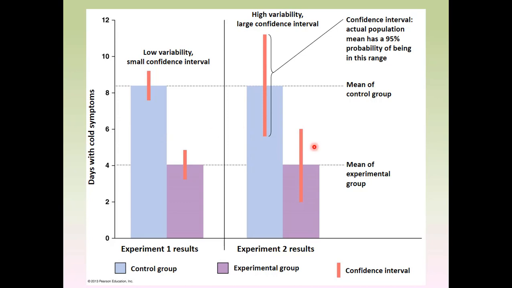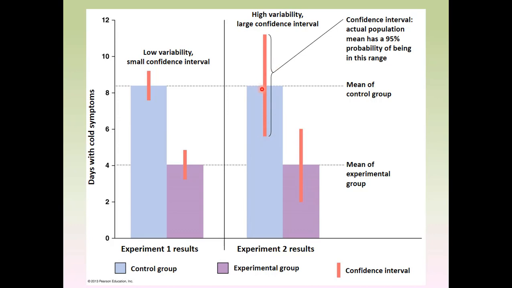However, let's say we had a small sample size, or maybe we just had a large variability in how long it took people to get over their colds. And we had a large amount of variation in our data sets. Now you're going to notice that these data sets potentially could overlap.